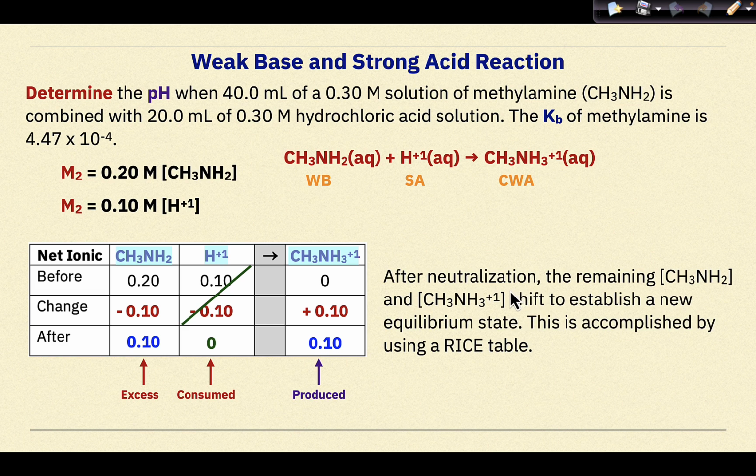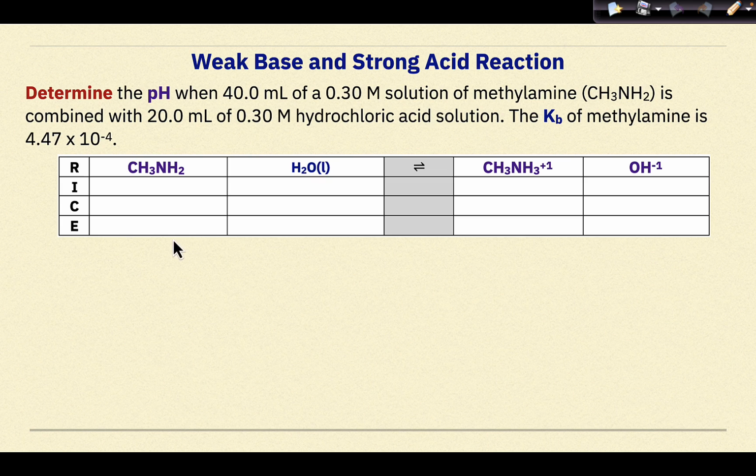After neutralization, the remaining concentrations of CH3NH2 and CH3NH3+ shift to establish a new equilibrium state. This is accomplished by using a RICE table. After neutralization, 0.10 molar of CH3NH2 exists in solution.